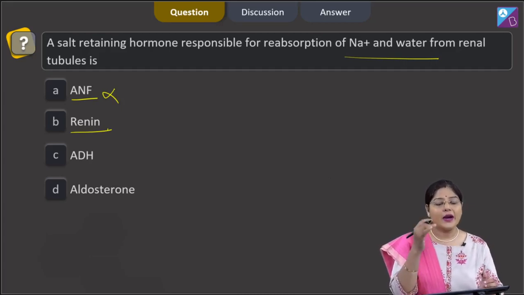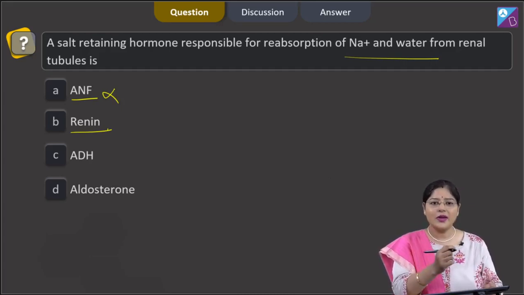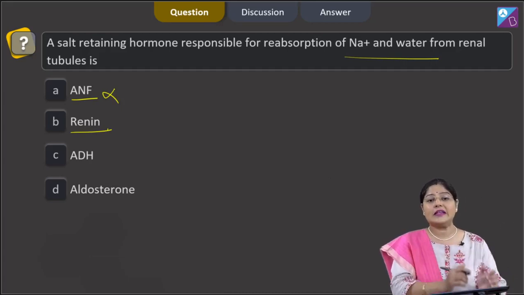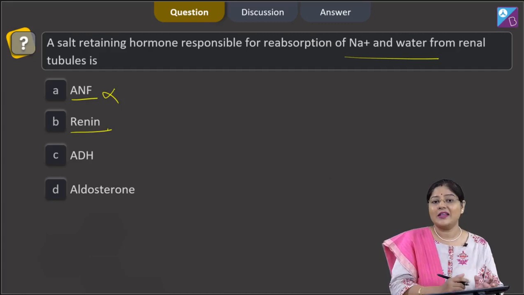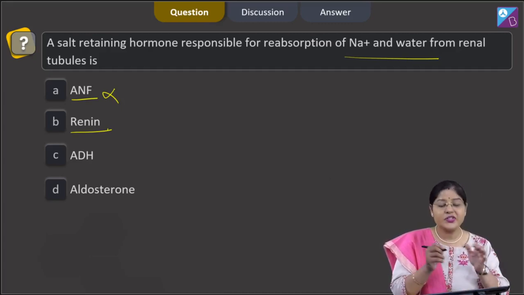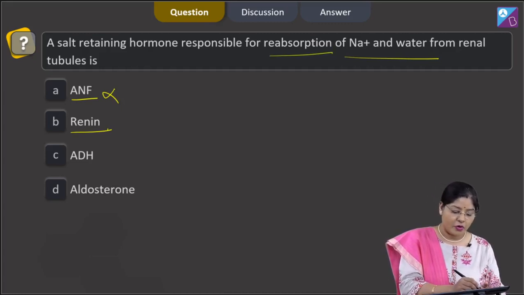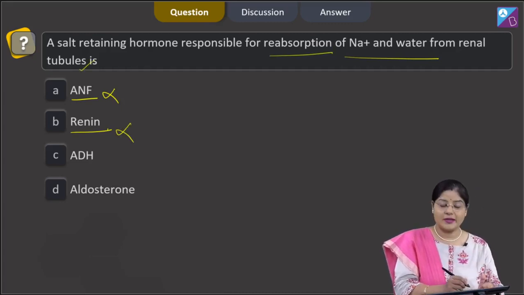Angiotensin 2 acts on adrenal cortex and stimulates it to release aldosterone. Then aldosterone acts on the renal tubules and facilitates reabsorption of sodium and water. But renin is not directly involved in the reabsorption of sodium and water from the renal tubules, so this cannot be a correct answer.